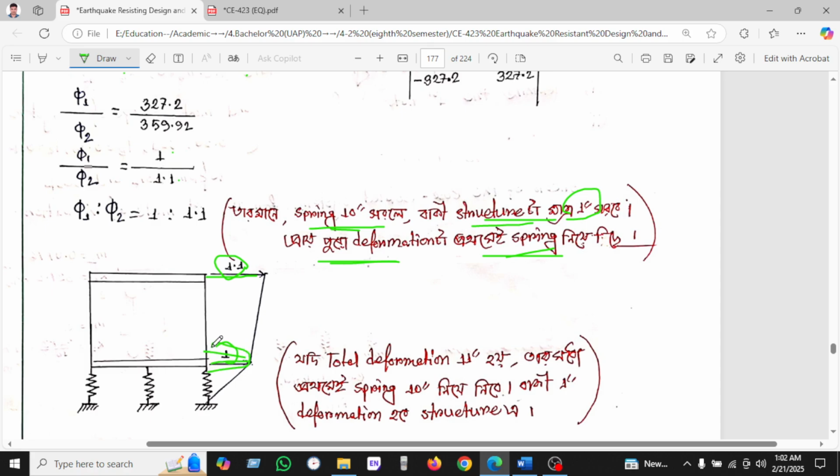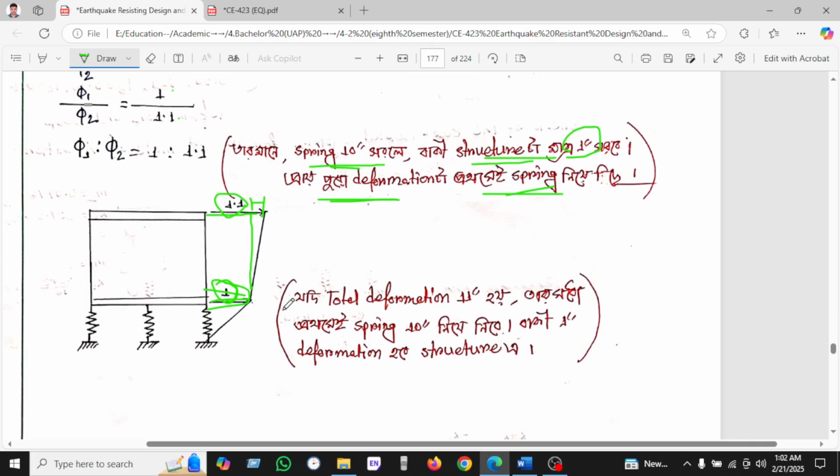We can see that almost all the deformation is taken here, and here you can see only 0.1 deformation taken by the structure.